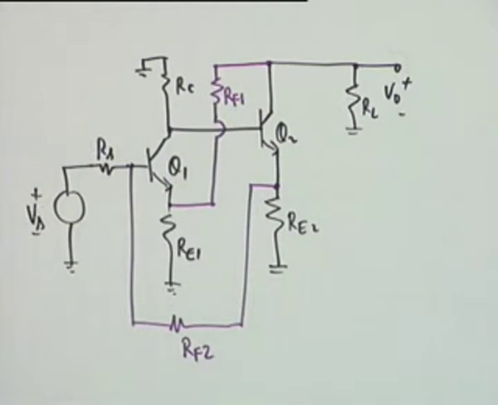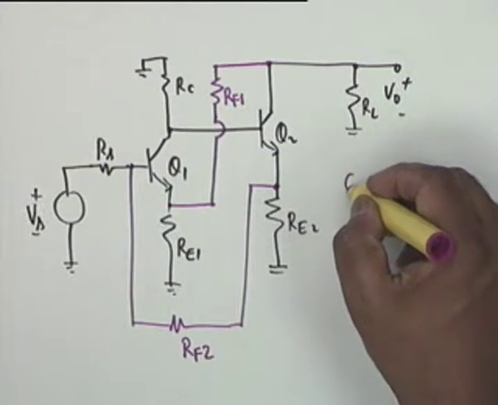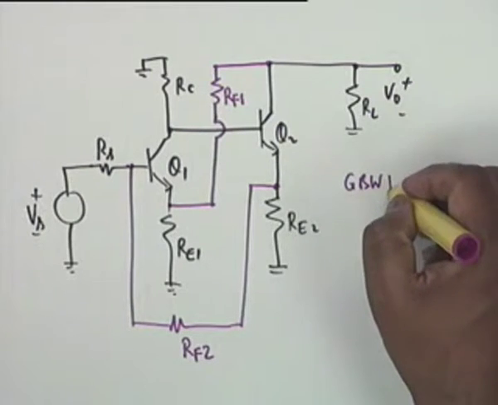This is the dual loop feedback using two stages. It can be shown that as compared to the cascade circuit, because the two feedbacks are non-interactive, this circuit reduces the Miller effect, and it gives a higher gain bandwidth product.